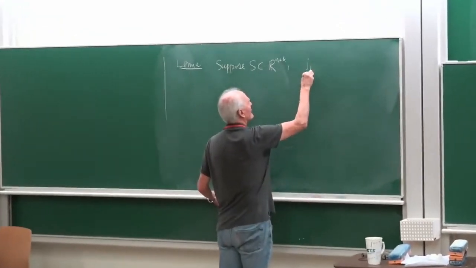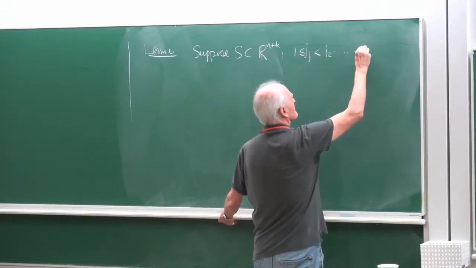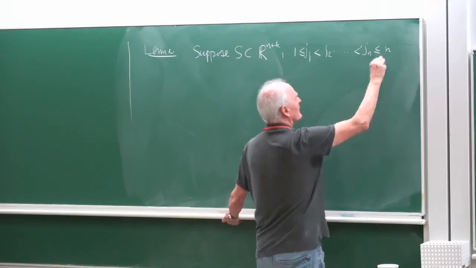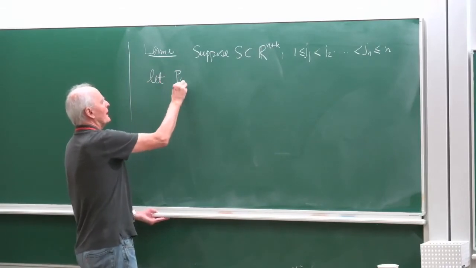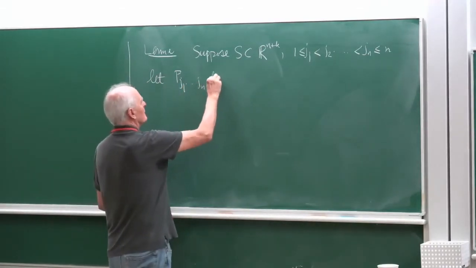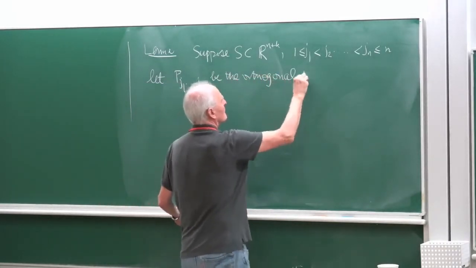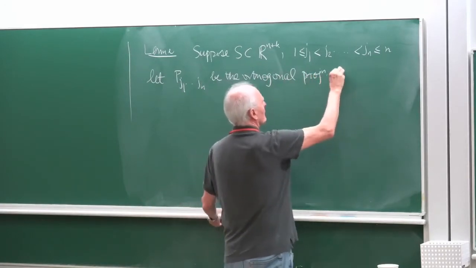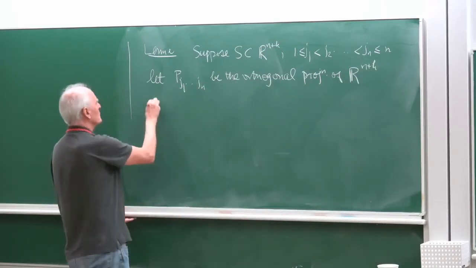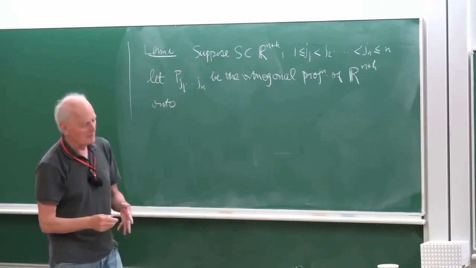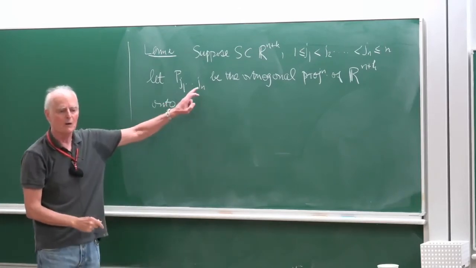For 1 ≤ j1 < j2 < ... < jn ≤ n+k, we're going to let P_{j1...jn} be the orthogonal projection of R^(n+k), that's the whole space, onto the n-dimensional subspace that you get by using the standard basis vectors e_{j1} up to e_{jn}.